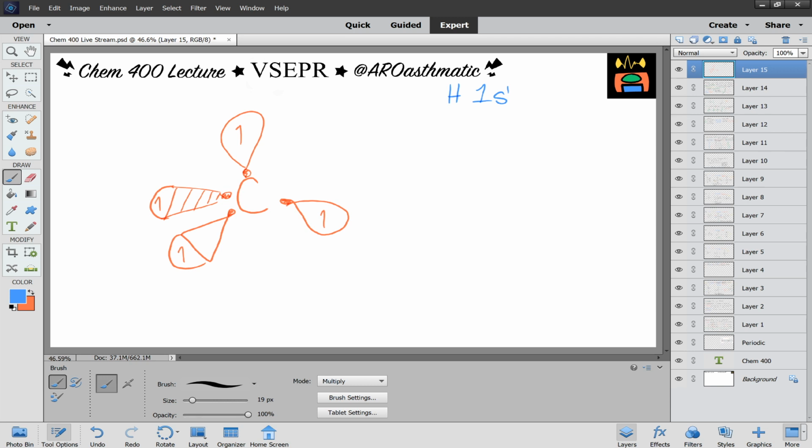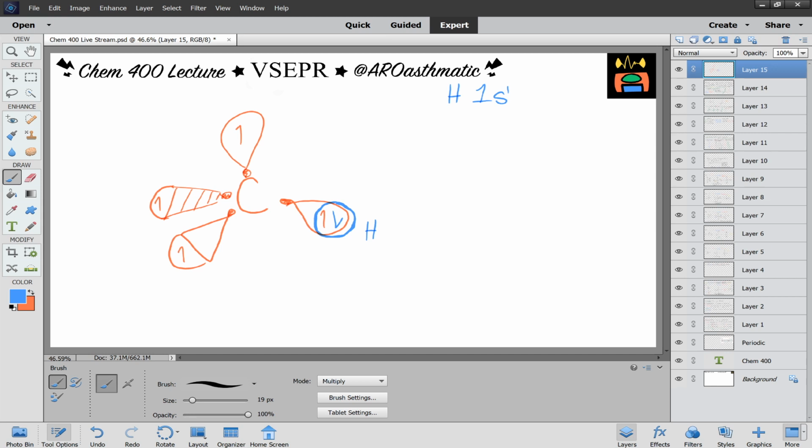And what hydrogen does is it brings its 1s orbital into direct contact with one of carbon's sp3 hybrid orbitals, and it overlaps its 1s orbital with one of carbon's sp3 hybrids to create that bond.